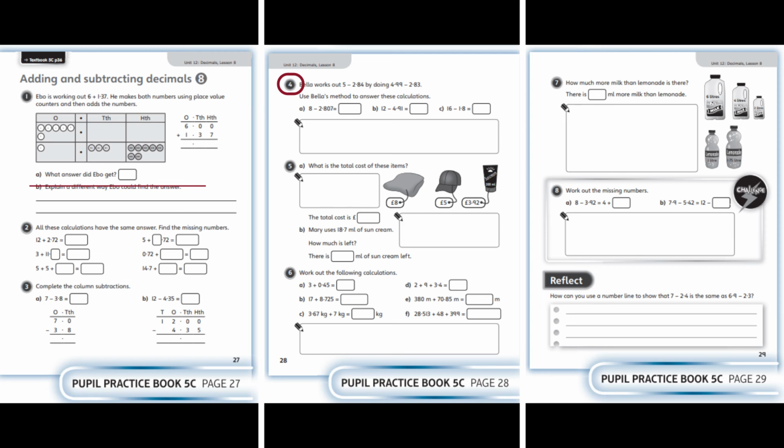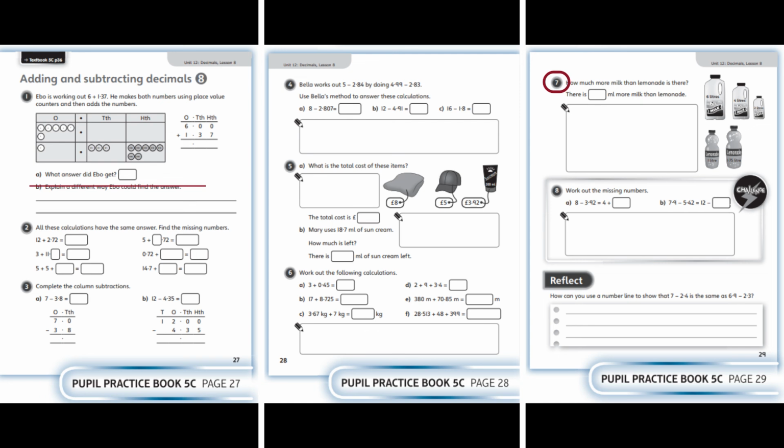That way 5 became 4.99 and 2.84 became 2.83. It won't affect her answer because she did the same thing to both numbers. You need to do the same to the number sentences you're given below that. If you are stumped, just solve them the regular way by regrouping. Personally, I prefer to just regroup because to me it's one less step than having to change the numbers. So it's your choice how you solve number 4.